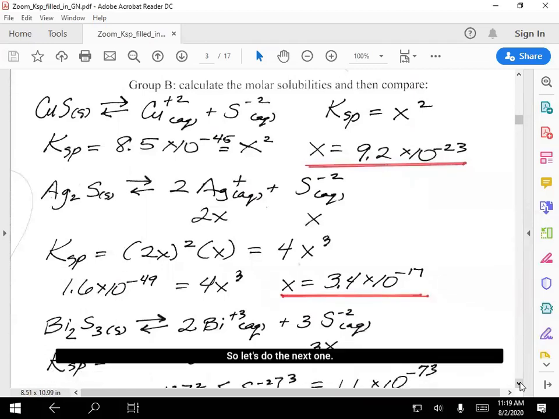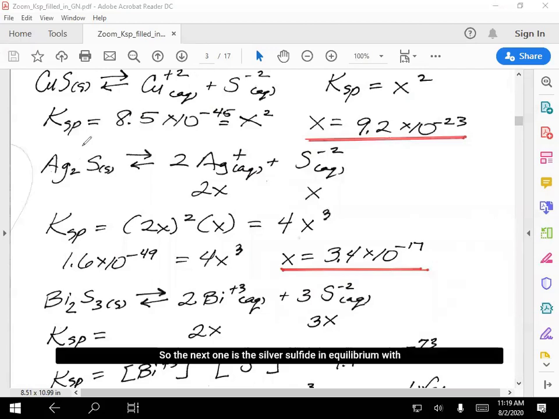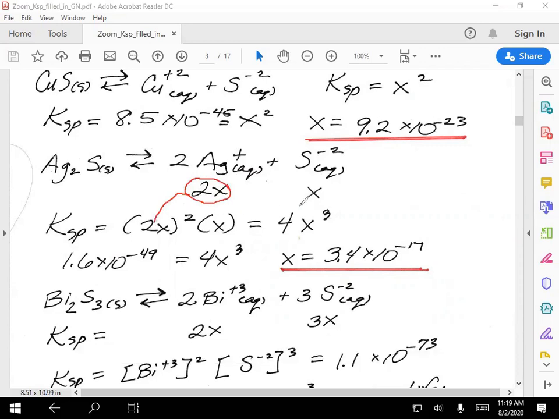So let's do the next one. The next one is the silver sulfide in equilibrium with 2 silver ions and 1 sulfide. So this would be a 2x, this would be x. So we want to take our 2x, put it inside our parentheses. We want to take our x, put it inside the parentheses.